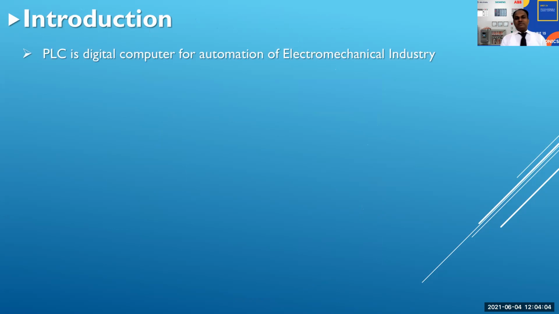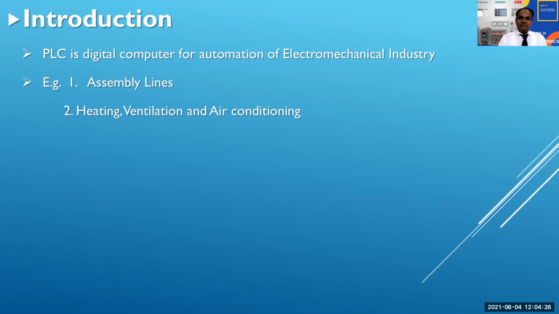Now, what is PLC? PLC is a digital computer for automation of electromechanical industry, because all these industries nowadays have electronics parts in mechanical components. So we have to do automation of all these parts with the help of digital computers, and PLC is nothing but a part of that computer automation.